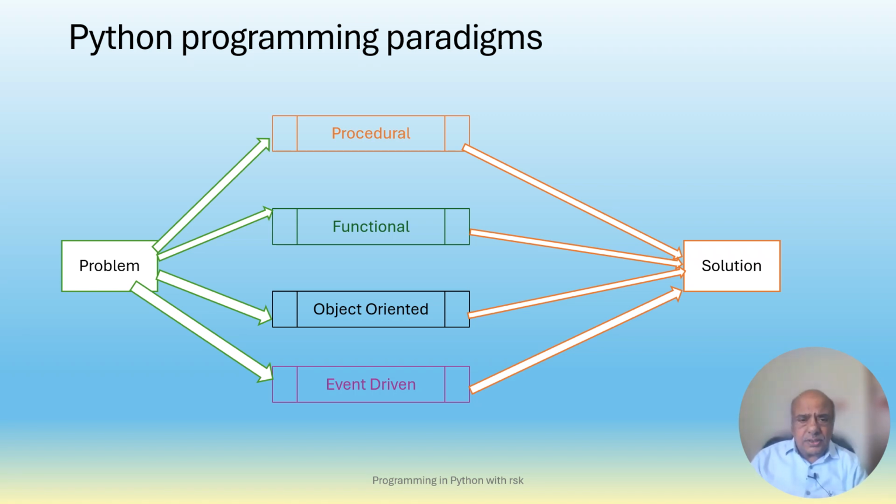Well, Windows is the best example for event-driven programming. We get a desktop on which there are various options available. We click on a certain option and that option gives us the desired result, which is always an event initiated by clicking a mouse or using a keyboard.